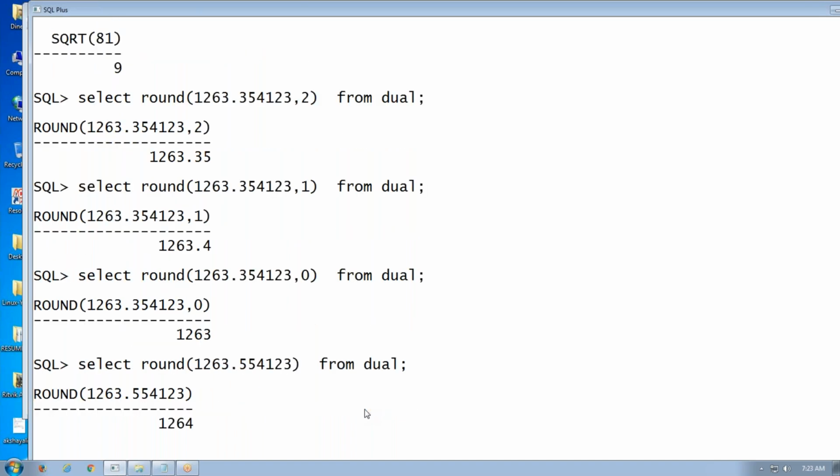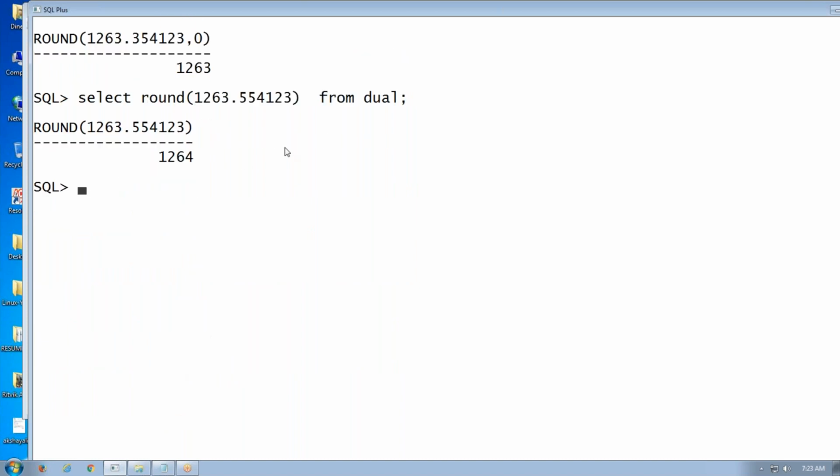See, because before truncating, before rounding this value with 0 decimal digits, it will verify next digit. If next digit is greater than or equal to 5, the previous digit is incremented by 1. That is what happened here.